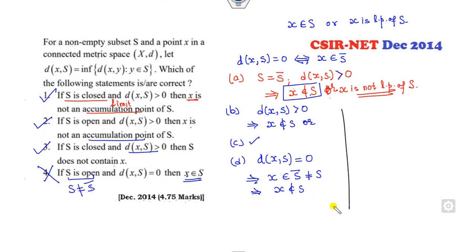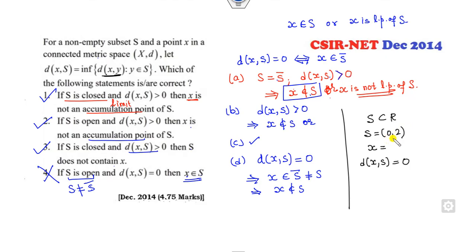Because this option is discarded, I can provide the counterexample very easily. Fine. S is a subset, so I can choose a subset of R. Choose any subset, say the interval (0, 1) or (0, 2). And S is open. The distance of them is 0. Can you choose x so that the distance will be 0? What is the distance? It is the infimum over each element. So I can choose it in such a way that the infimum will be 0. Can you think about that?